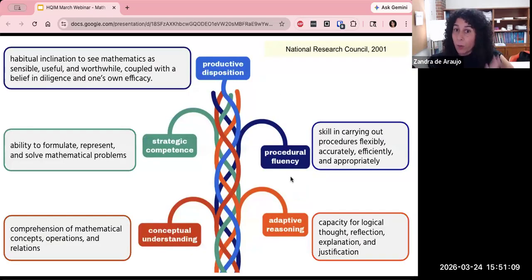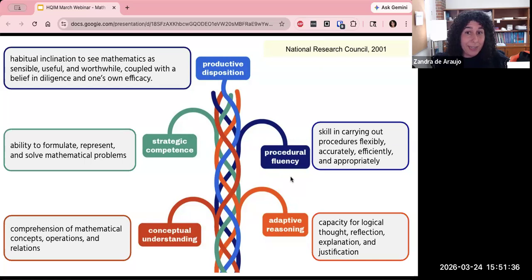If you think about the strands of math proficiency, having rich tasks really helps you get at all of the strands instead of just one. So if you do low level tasks, low cognitive demand tasks that are not rich, you're probably getting at procedural fluency fairly well. But are you getting at adaptive reasoning, like the ability to justify your reasoning? Probably not. Are you getting at the why behind the math? Also, probably not.